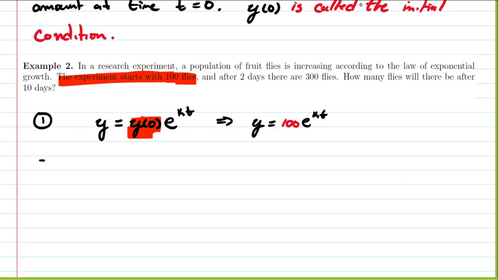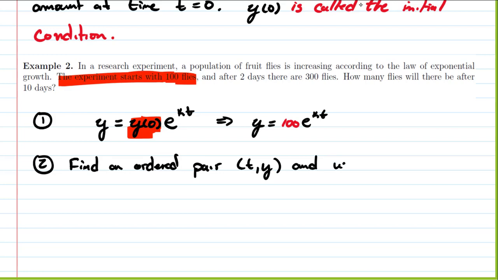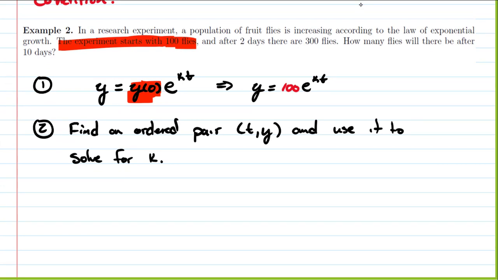Step 2 is we need to find an ordered pair, so a t and a y that pair up, and use it to solve for k. So we're told that after 2 days there are 300 flies.